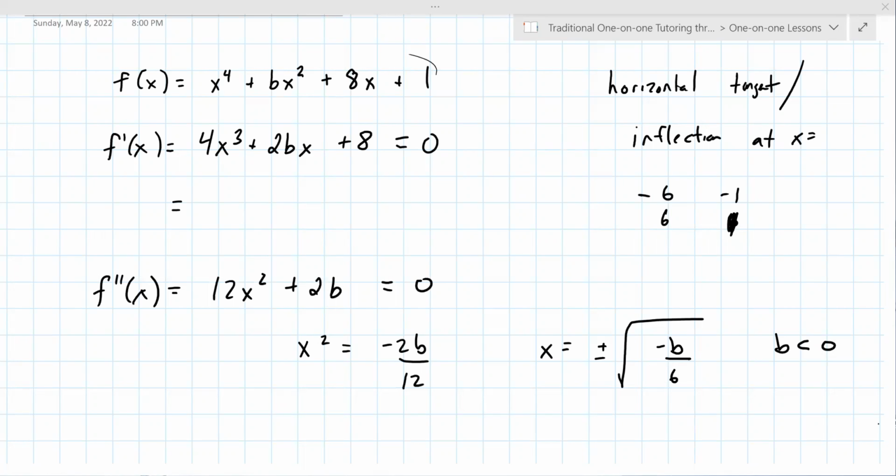Okay, so a b of -6 does appear to give the right thing we're looking for. Let me snip this in so you can see it.